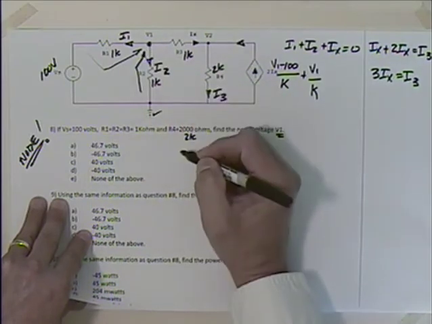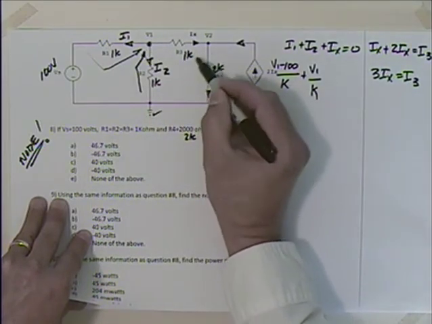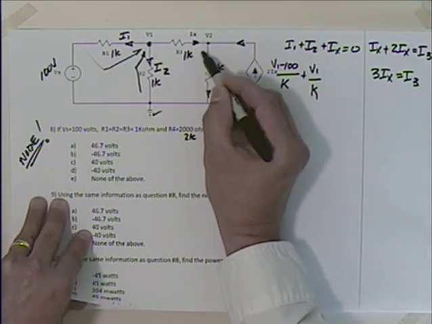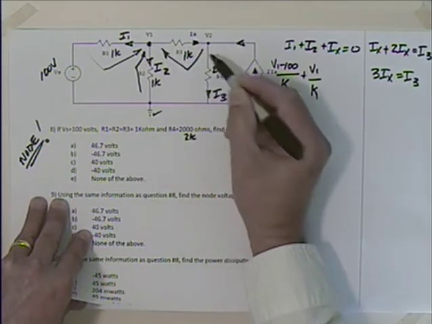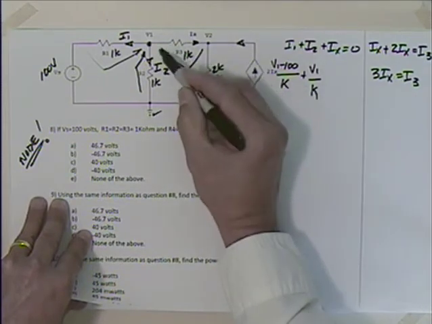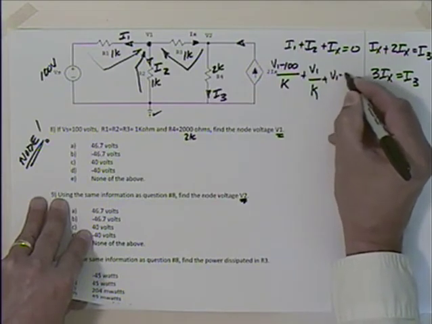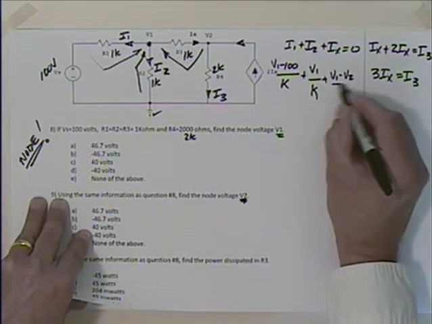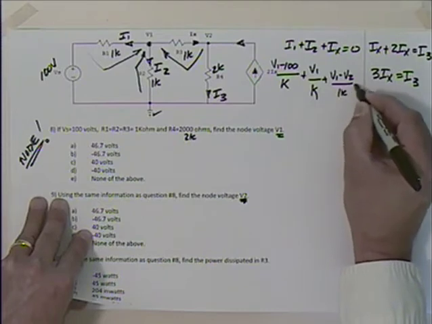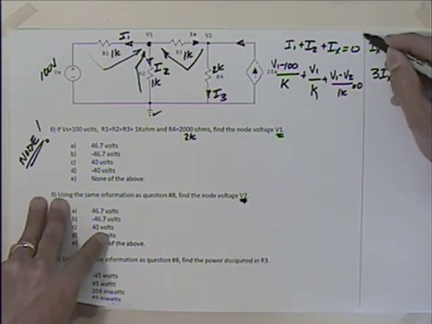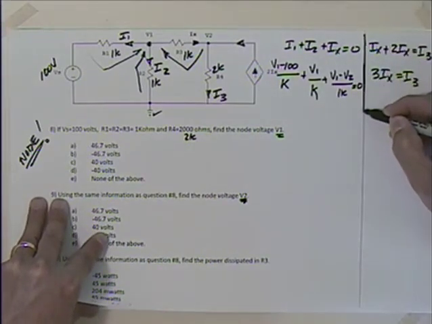Yep, that's V1 over 1K. Plus IX. What's IX? Well, the current's going to your right, so I have to find this. So it's V1 minus V2. Head V1 minus tail V2. So V1 minus V2 divided by 1K is equal to 0. Make this line a little heavier between here.